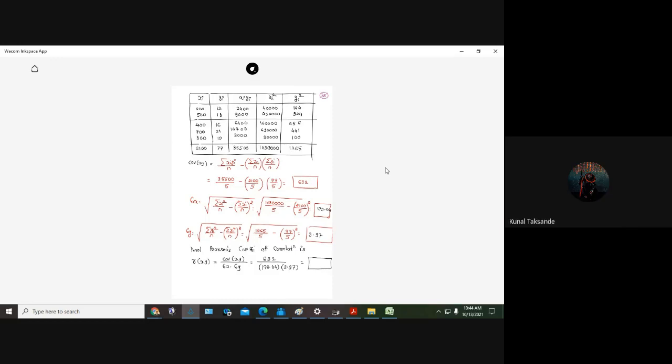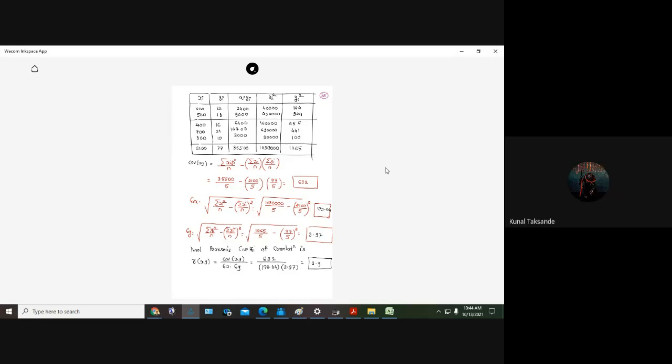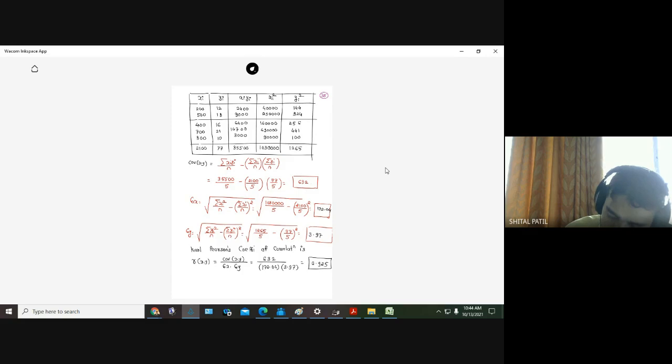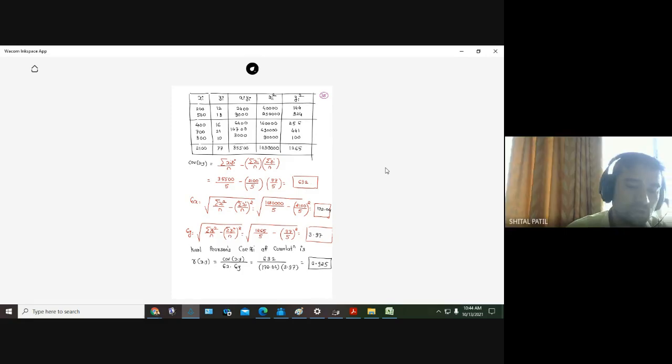How much is this? 0.9253. So it is near to 1. Strongly. What is the conclusion? X and Y are strongly correlated.